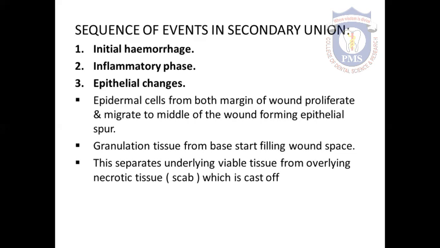So, this is done by granulation tissue. The granulation tissue from the base starts filling the wound space. This separates the underlying viable tissue from overlying necrotic tissue or scab, which is cast off.